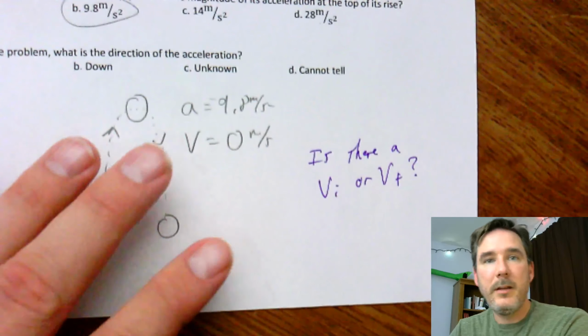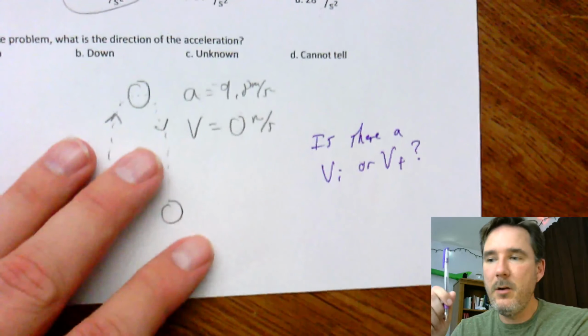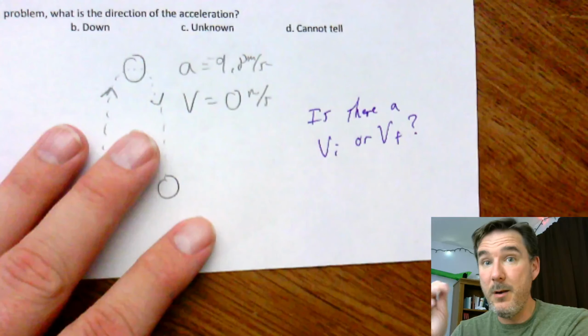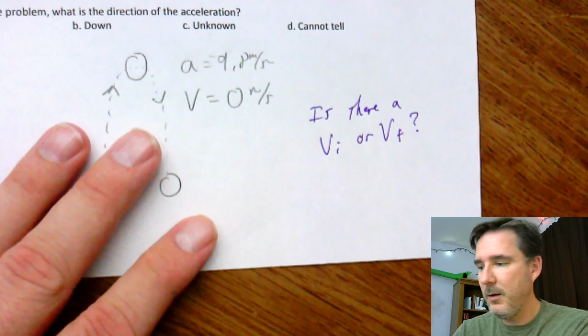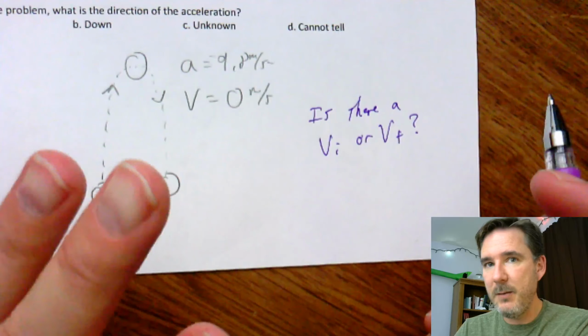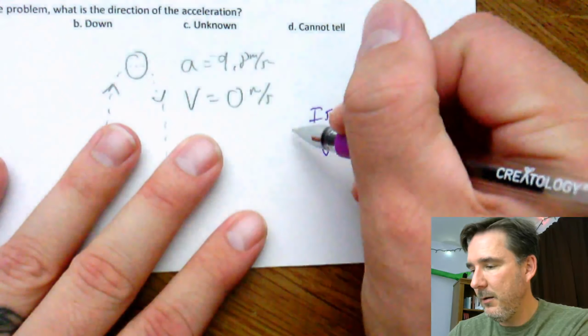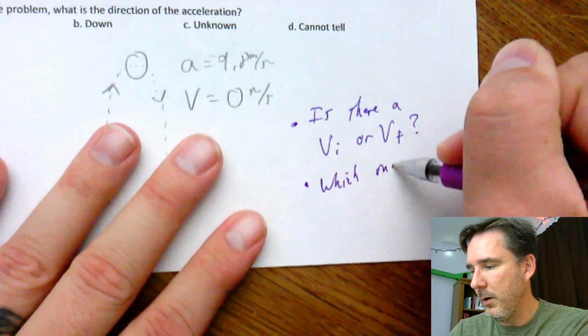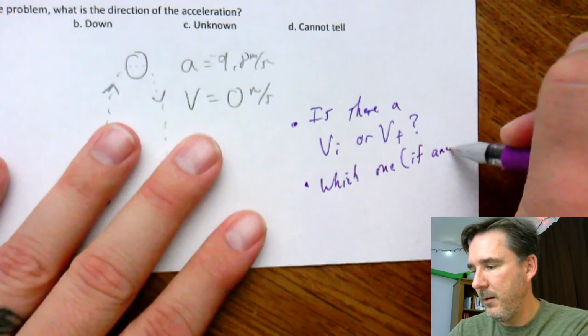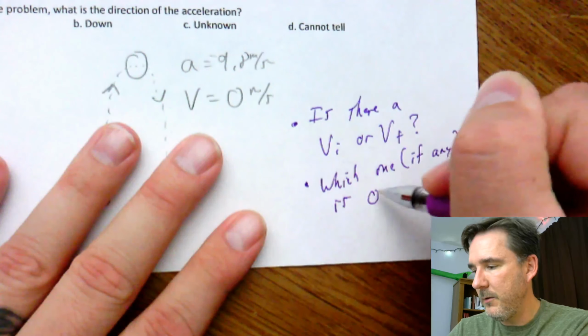Okay, that's the first thing you want to do. Is there initial velocity or final velocity? If no, then it's probably just a constant velocity question, okay? But if it seems like something's speeding up or slowing down, then ask yourself, which one, if any, is 0?